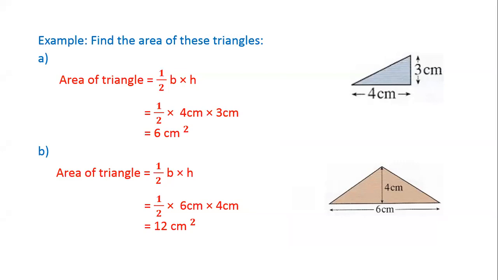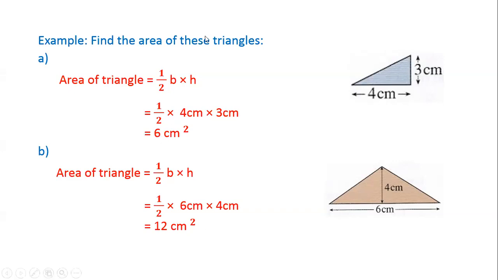So 1 over 2 multiplied by 4 multiplied by 3. First of all, I prefer to find B multiplied by H: 4 multiplied by 3 is 12 centimeter, then divide by 2. It will be 6 centimeter power 2.